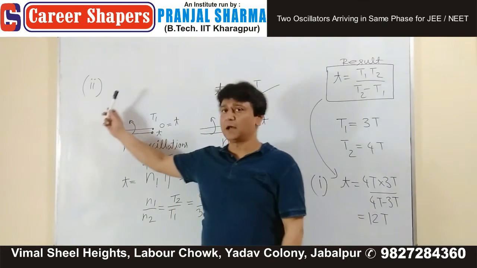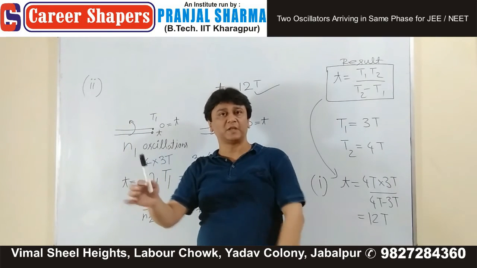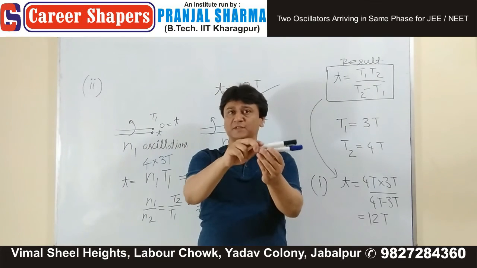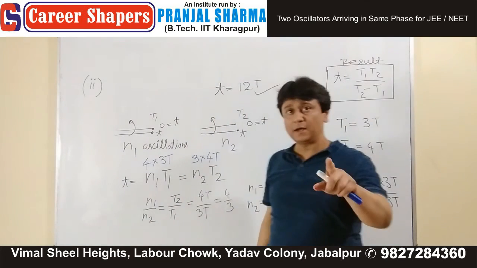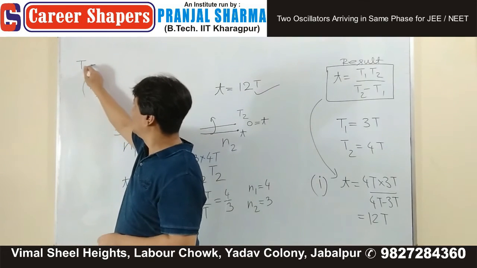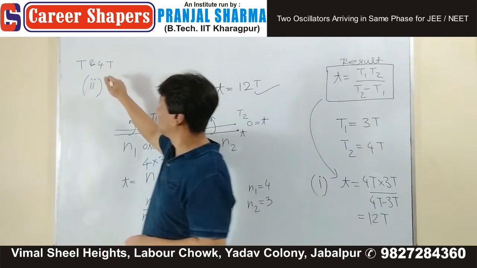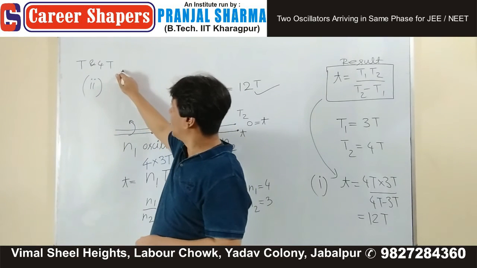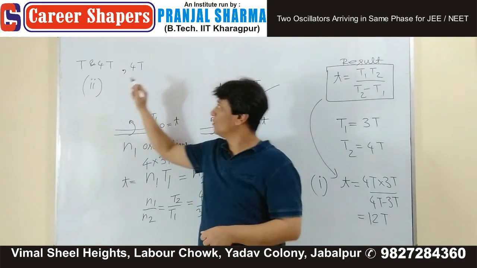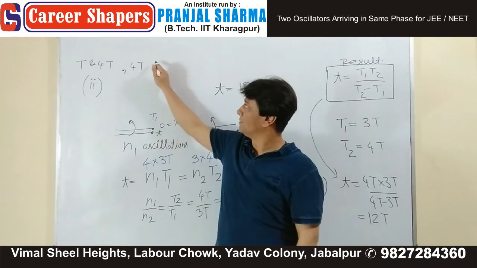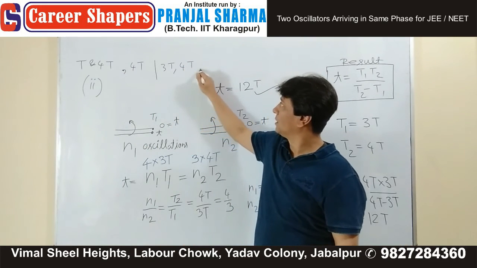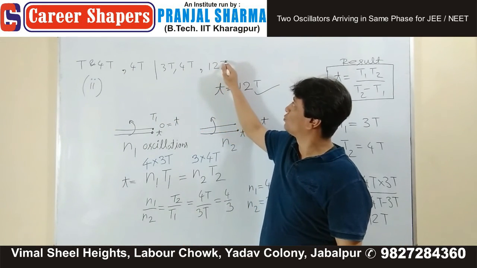For the second type, where the question says they must meet at the starting position itself, in the previous question, values were t and 4t, and answer was 4t. This time values are 3t, 4t, and answer is 12t.